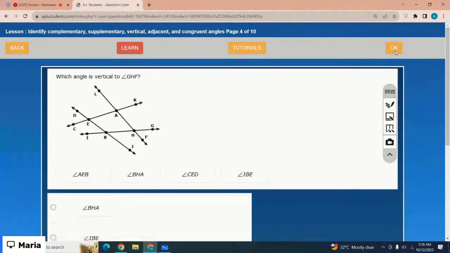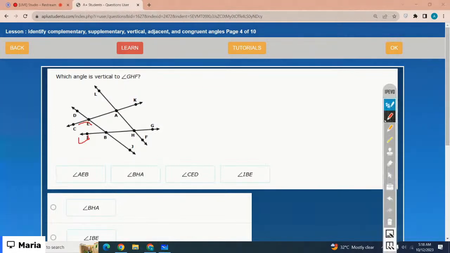Which angle is vertical to angle GHF? Okay, let me see where is GHF. Here is angle GHF, right?